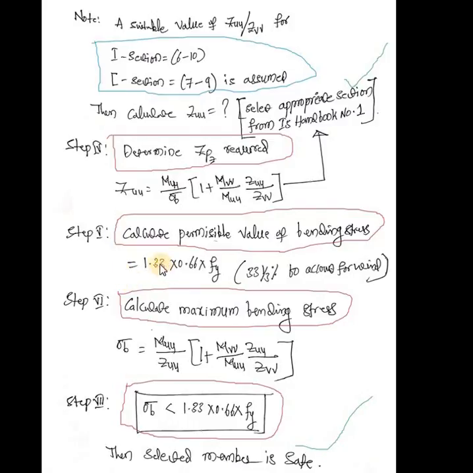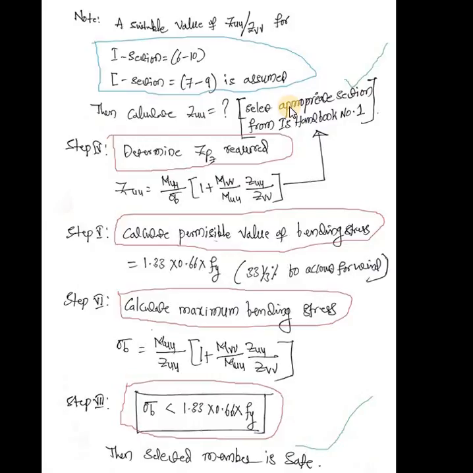Coming to the fifth step, calculate the permissible value of bending stress. The permissible value of bending stress involves an increment, because of wind pressure there is an increment of 33 1/3 percent. So this is the permissible bending stress.